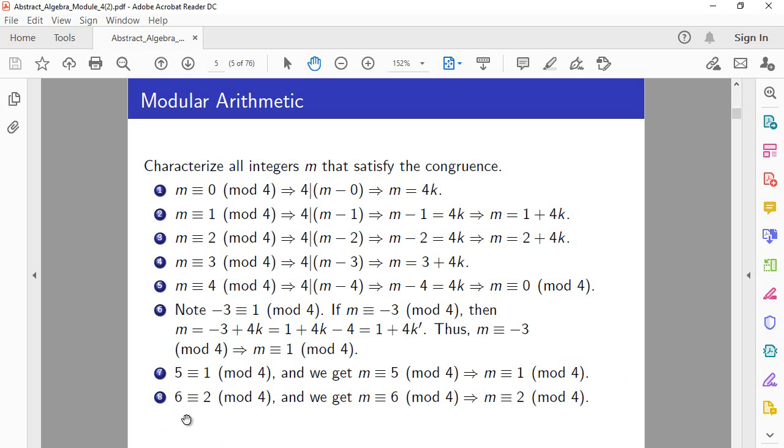If 6 is congruent to 2 mod 4, and if m is congruent to 6 mod 4, then m must be congruent to 2 mod 4. Okay, so I hope that this exercise helps in thinking about these congruences.